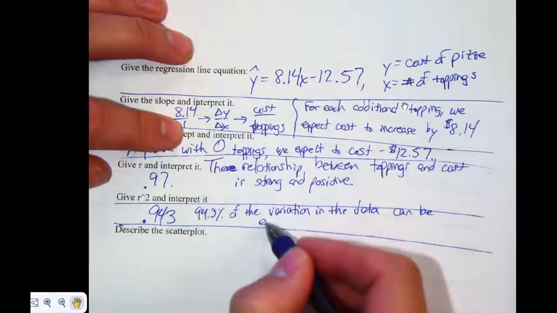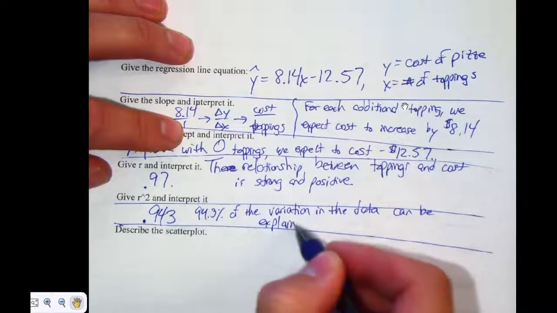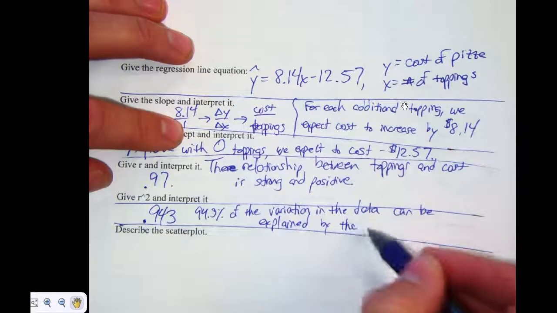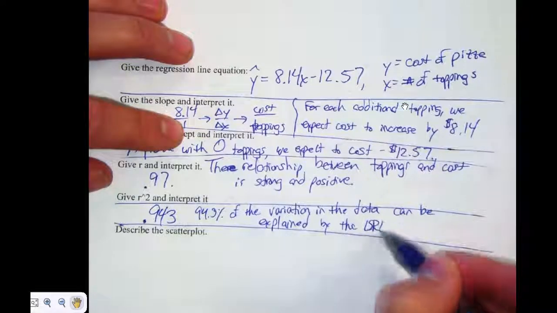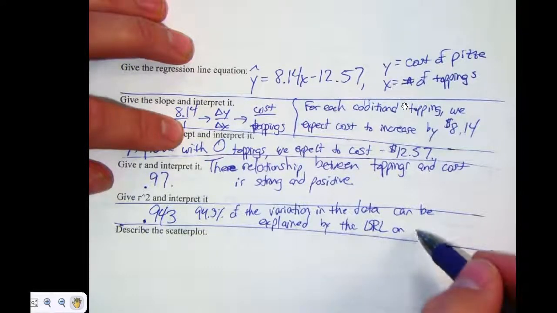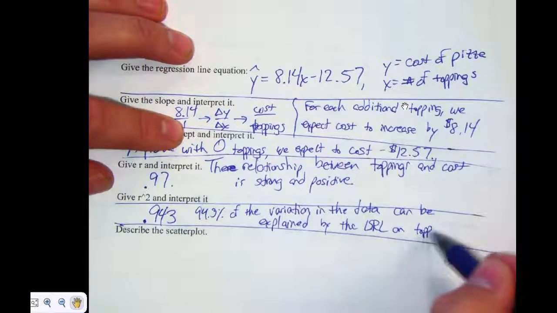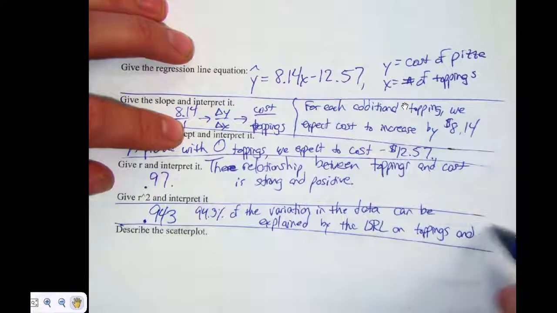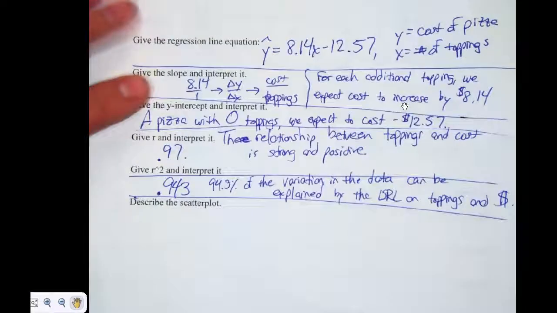So 94.3% of the variation in the data can be explained by, and I'm just going to write LSRL because that's shorter, on, and then context, toppings and money or toppings and cost. So that's a lot of stuff.